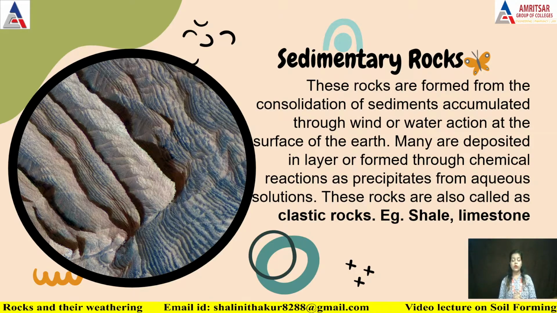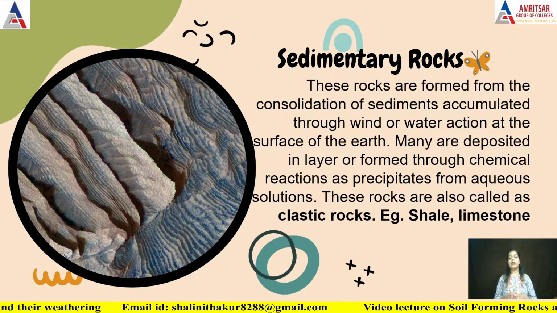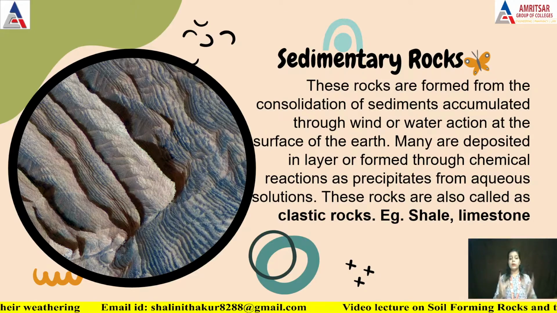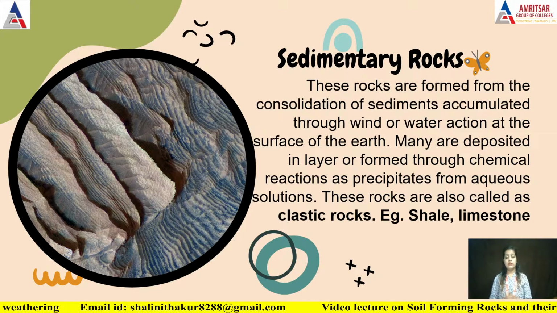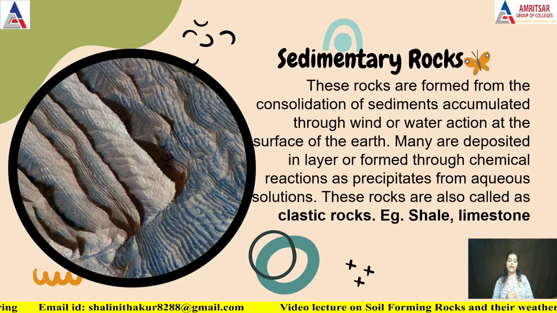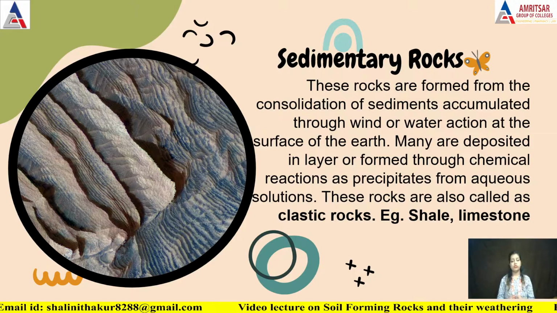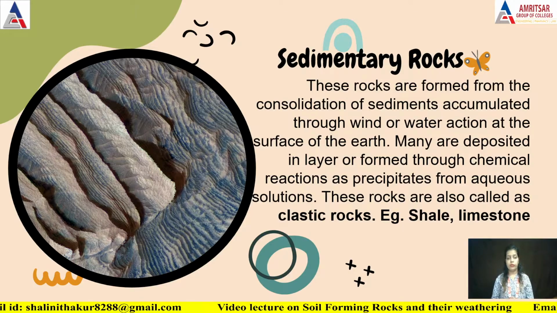One more basic quality is that they are formed in layers. They are not a bold mass, but are in layers. They are also known as clastic rocks, and the examples are shale and limestone, and the image is already shown in the video.